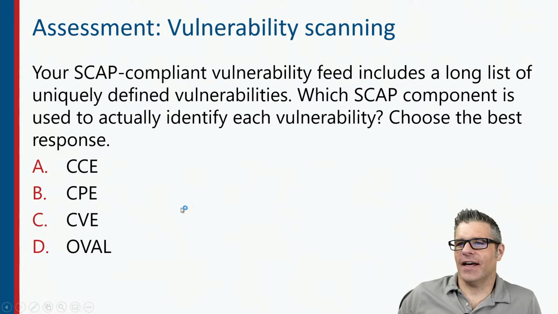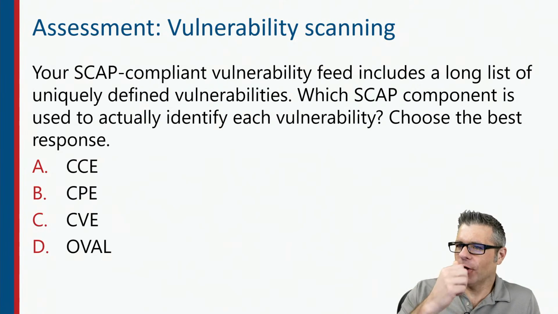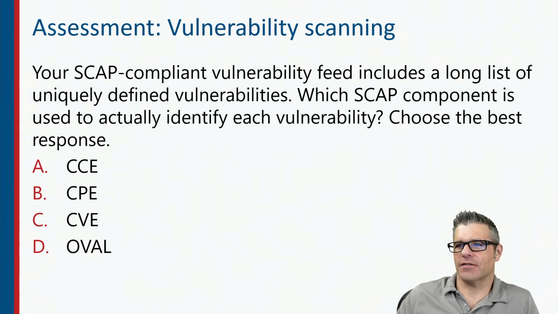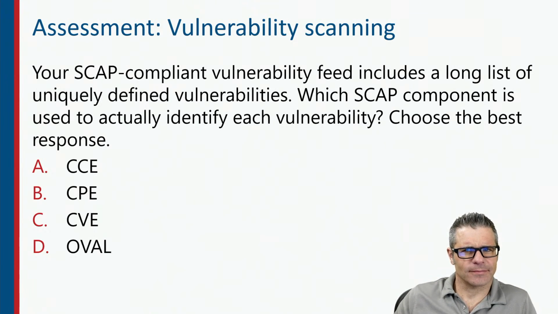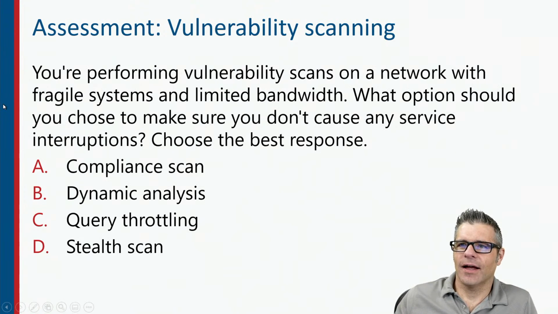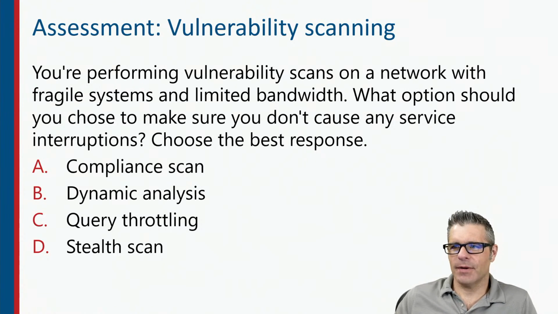How about we have a SCAP compliant vuln feed, which features a long list of vulnerabilities. Which component should be used to identify the vulnerabilities? To find, say, common vulnerabilities. C? Yeah, CVEs. You're performing a vulnerability scan on a network with fragile systems and limited bandwidth.